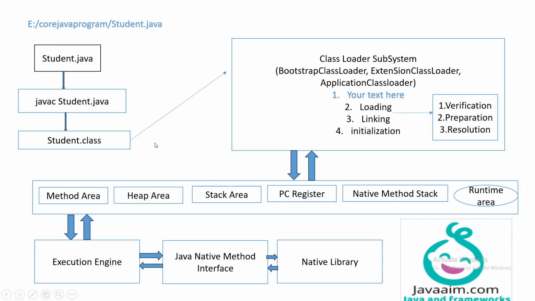Whichever .class file has been loaded to method area, there is a verifier which will verify the loaded .class file, whether it is compiled by a valid compiler or not. Basically, it will verify whether the loaded .class file is valid or not. If it is valid, it is fine.